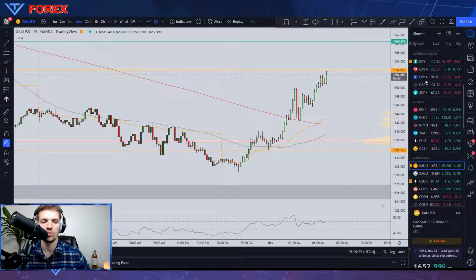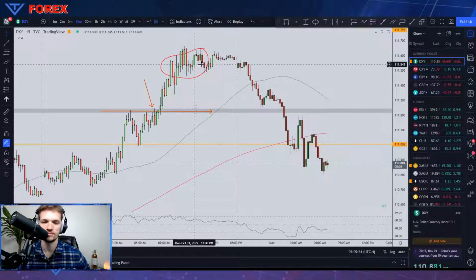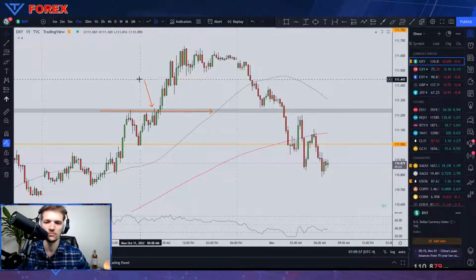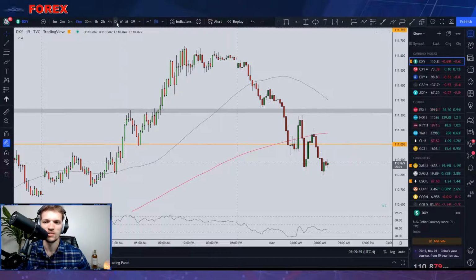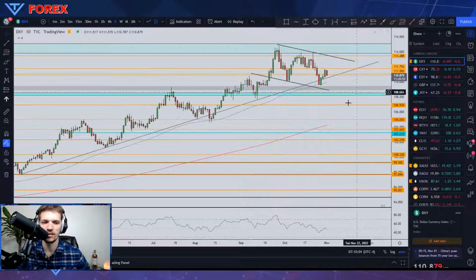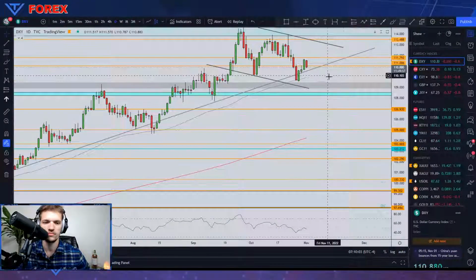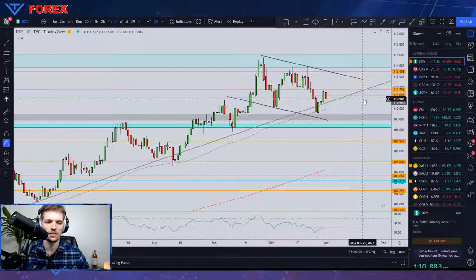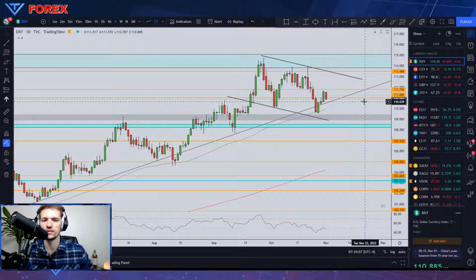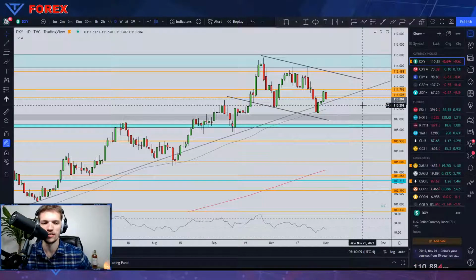Let's start with the dollar. Taking a little bit of a spillover here, coming into an interesting area of support.